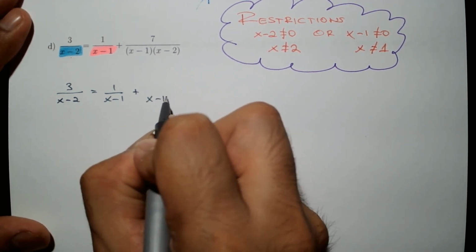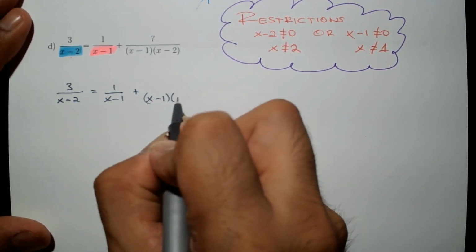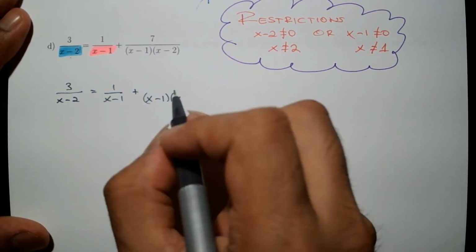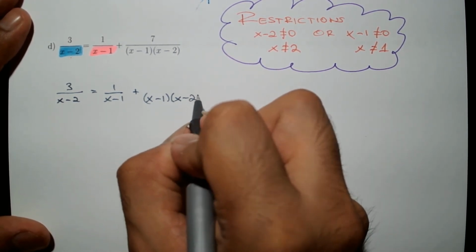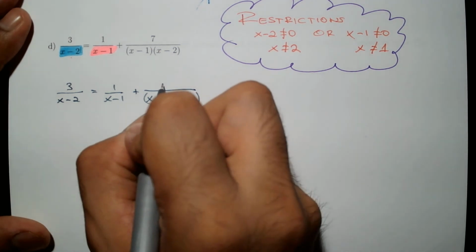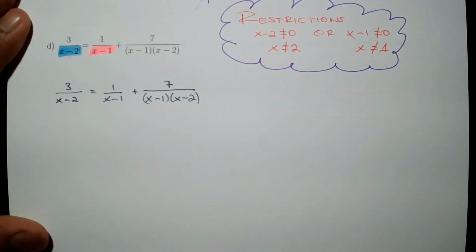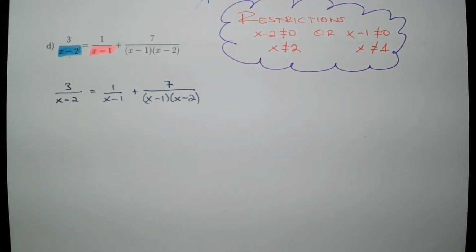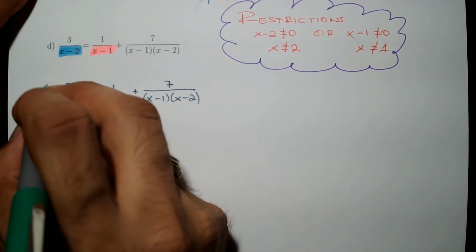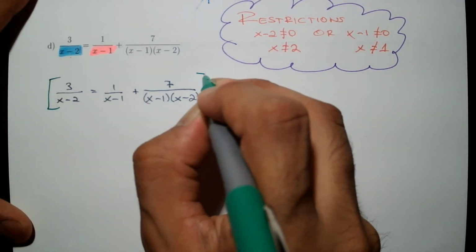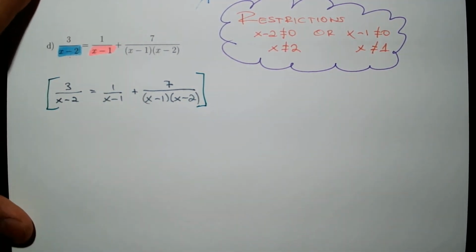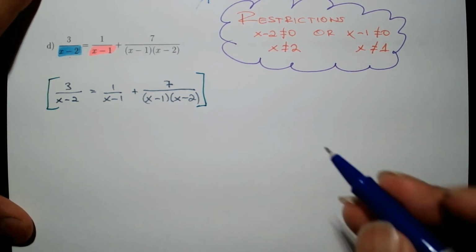Okay, so what are we going to do here? So now we want to get rid of the denominators, right? How are we going to do it? In a very similar way we did in the previous example, by multiplying by the LCD. So what is the LCD going to be?